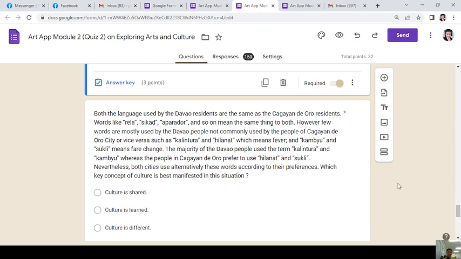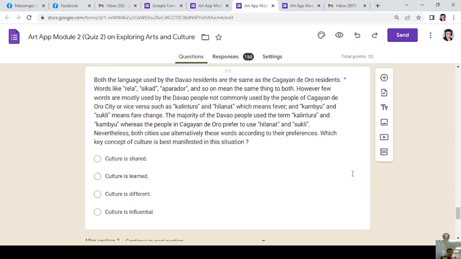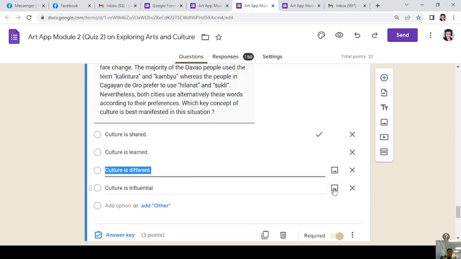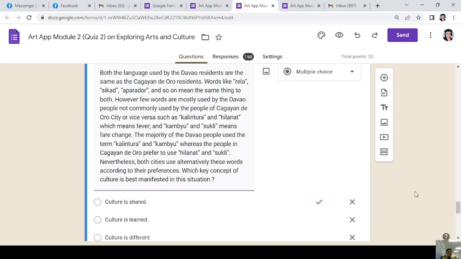The majority of Davao people use the terms kalintura and cambio, whereas the people in Cagayan de Oro prefer to use hilanat and sukli. Nevertheless, both cities use these words alternatively according to their preferences. Now the question here, which key concept of culture is best manifested in this situation? Culture is shared. Alright, culture is shared.